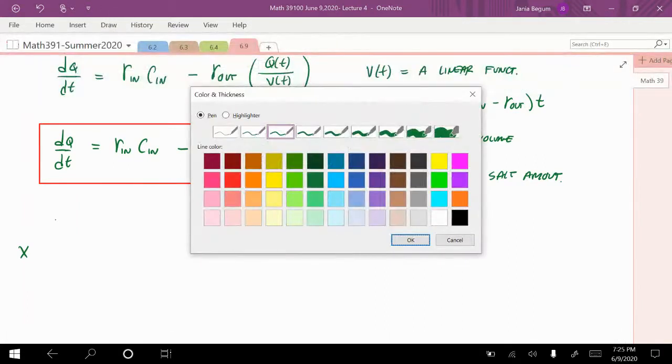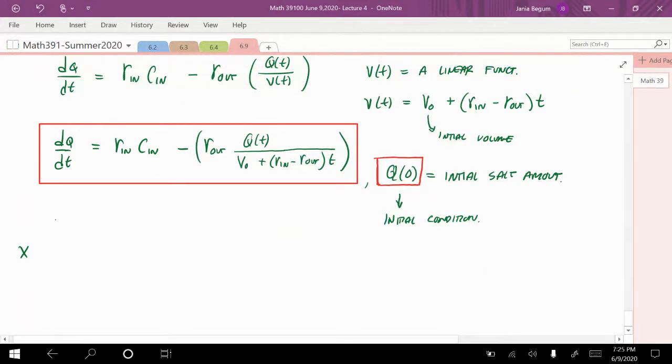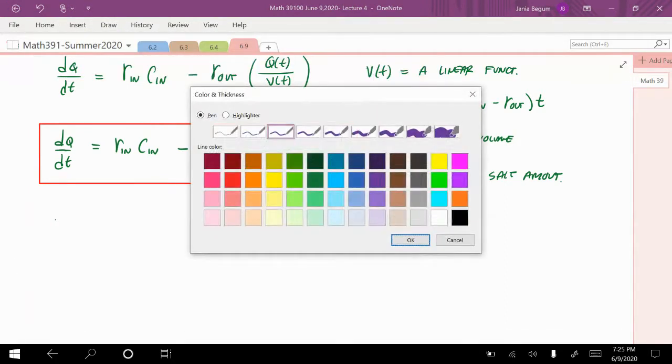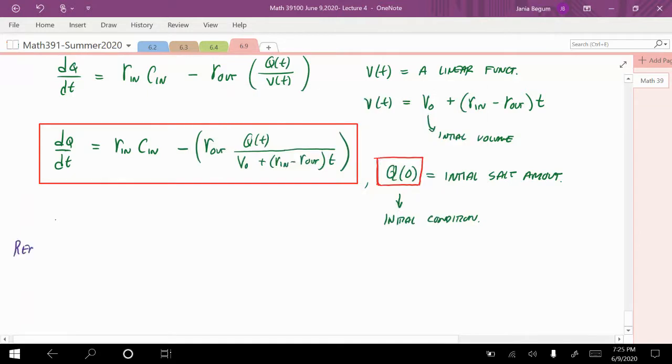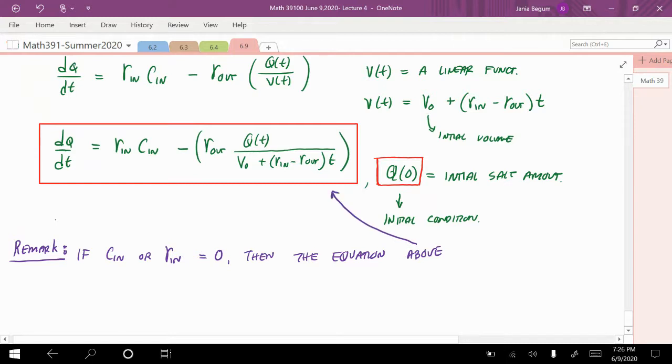So let me just write that as a remark. If you happen to have C in, concentration in, or rate in is 0, if any of these are 0, then the equation above, and when I say equation above, I mean the box, this one is separable.